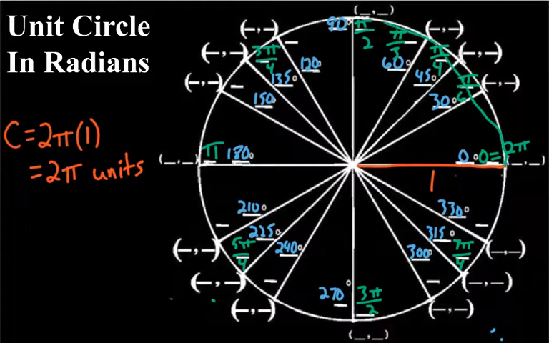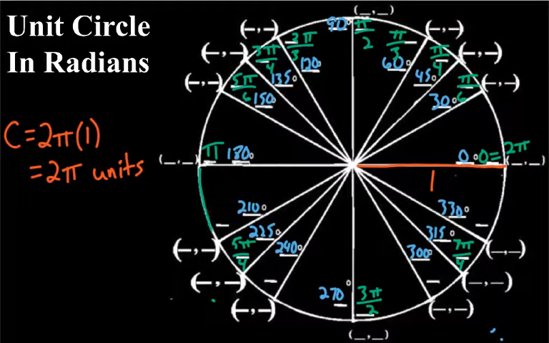Adding 30 degrees, we are at 4 pi over 6 at 120 degrees. 4 pi over 6 is 2 pi over 3. 4 pi over 6 plus 30 degrees is 5 pi over 6. Adding another 30 degrees and pi over 6 radians is 6 pi over 6, which is pi.